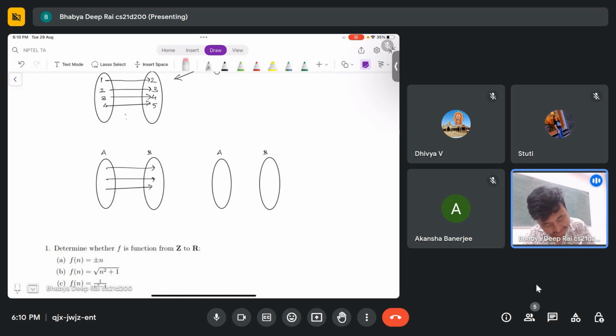Let's say 1, 2, 3. Let's say 1 maps to this element, and 4 also maps to that element. This is allowed in functions. But what is not allowed? 1 maps to this element, and again 1 maps to another element.